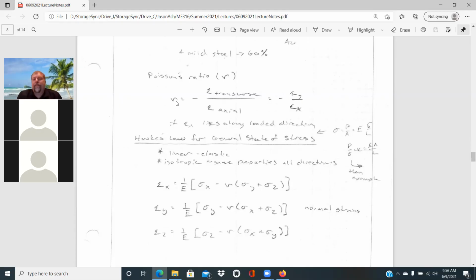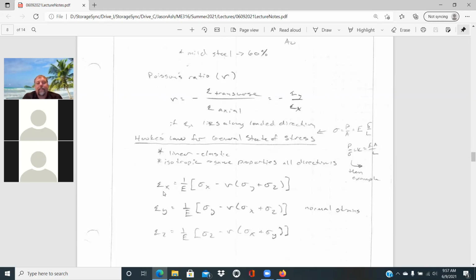And so now we get into Hooke's law for a general state of stress. Again, we're dealing with a linear elastic material, isotropic, same properties in all directions. The general 3D Hooke's law is really kind of easy to remember. It's really just looking at the subscripts within each one of these.